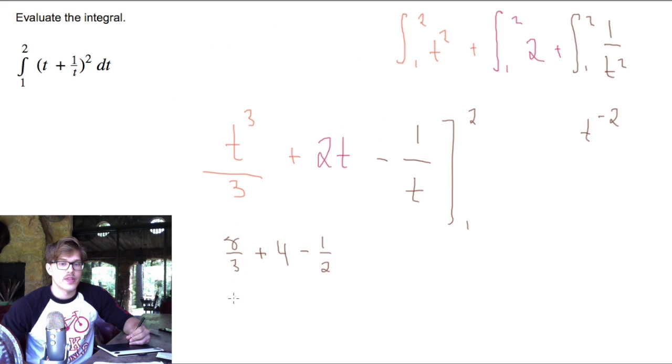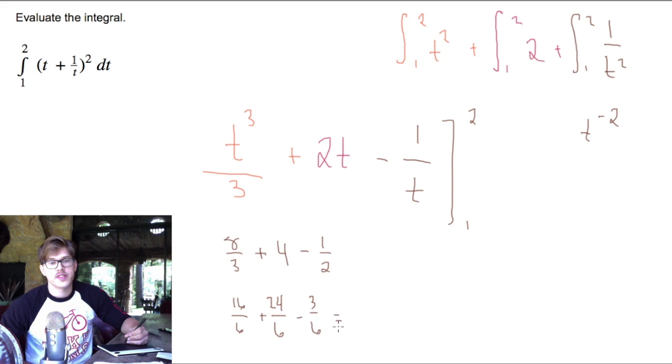So we'll have 16 over 6 plus 4 over 1, so 4 times 6 is 24, plus 24 over 6, minus 3 over 6. This simplifies: 16 plus 24 is 40, minus 3 is 37. So this is 37/6.